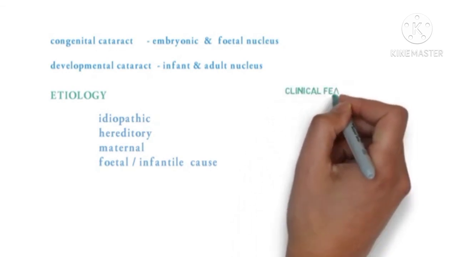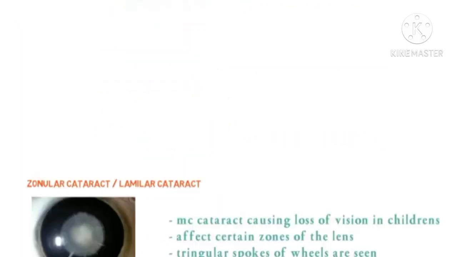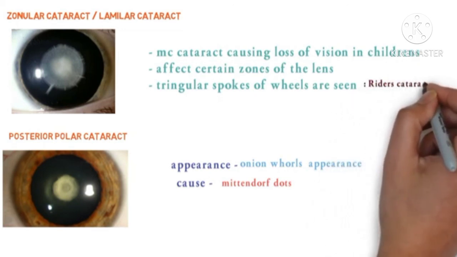In which we discussed the four main types, that is congenital capsular cataract, polar cataract, congenital nuclear cataract, and generalized cataract. And after that we discussed only the important cataracts that can be asked in your exams, in which we covered zonular cataract, in which there is a spoke-like pattern. Due to the spoke-like pattern, it is also called riders cataract.